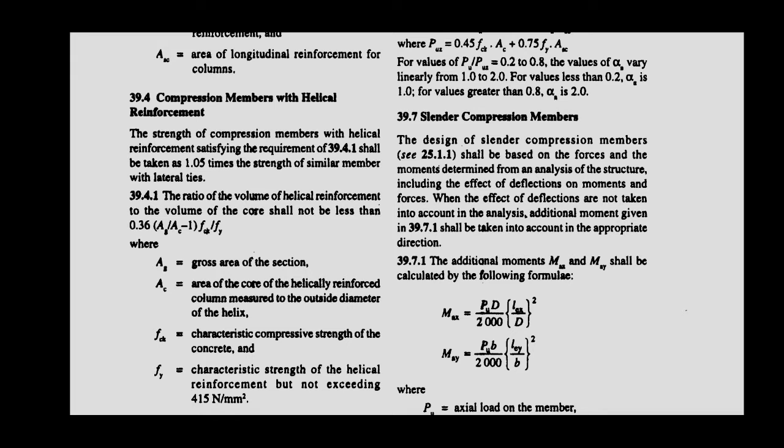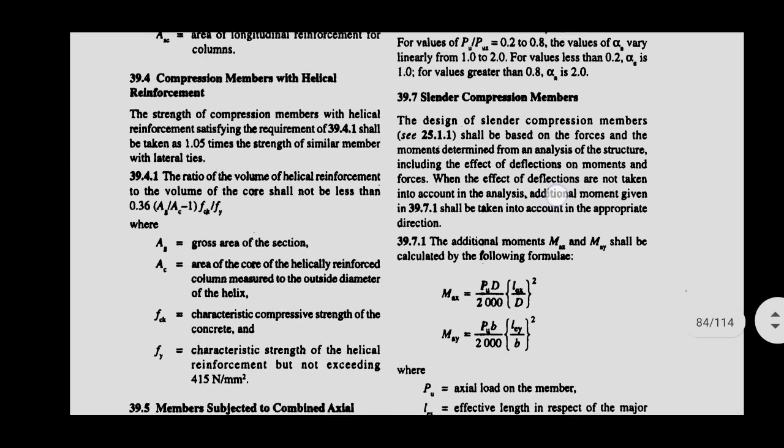Where Ag is the gross area of the section, and Ac, sometimes taken as Ak, is the area of the core of the helically reinforced column measured to the outside diameter of the helix. fck is the characteristic compressive strength of the concrete and fy is the characteristic strength of the helical reinforcement, but remember, not exceeding 450 Newton per millimeter square.